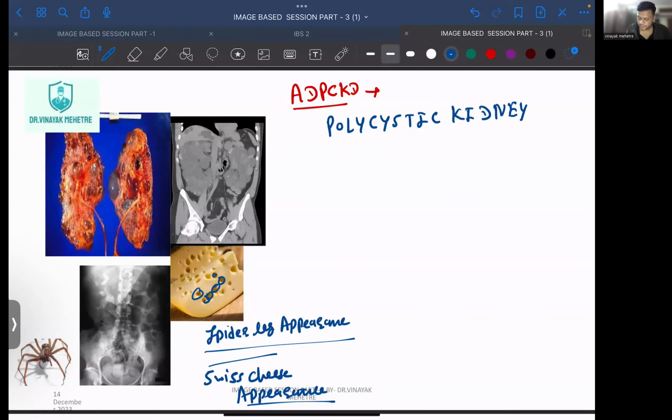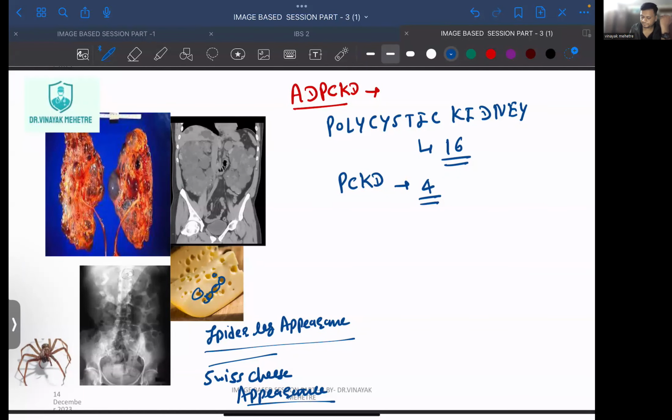This is going to be 16. So genes कौन से associated हैं? 16. And one more gene you can remember by this: PCKD. How many alphabets are there? 4. So adult polycystic kidney disease is associated with chromosome number 16 and 4.